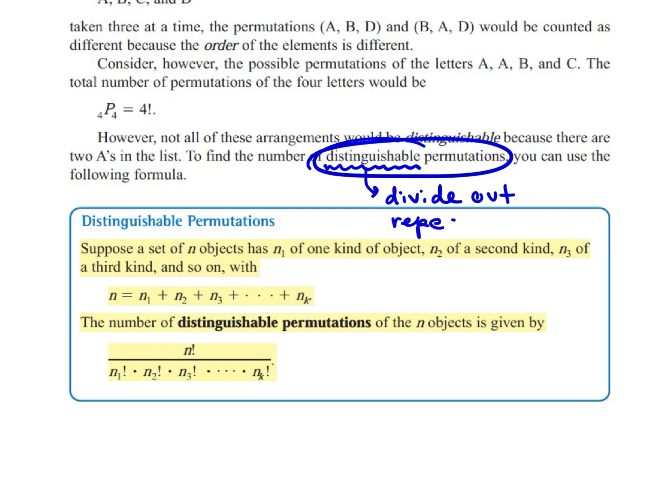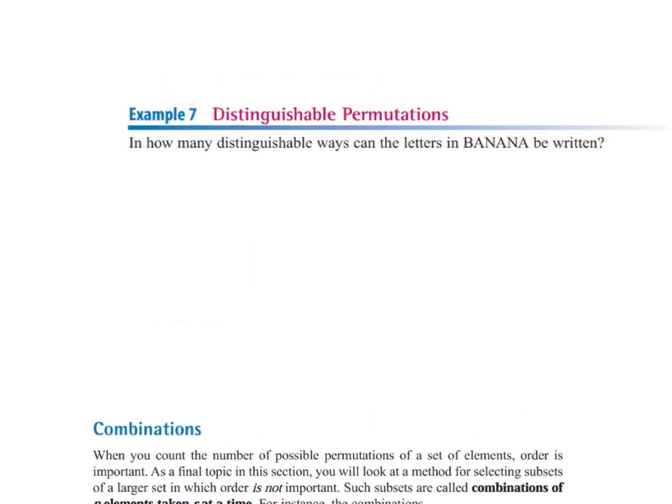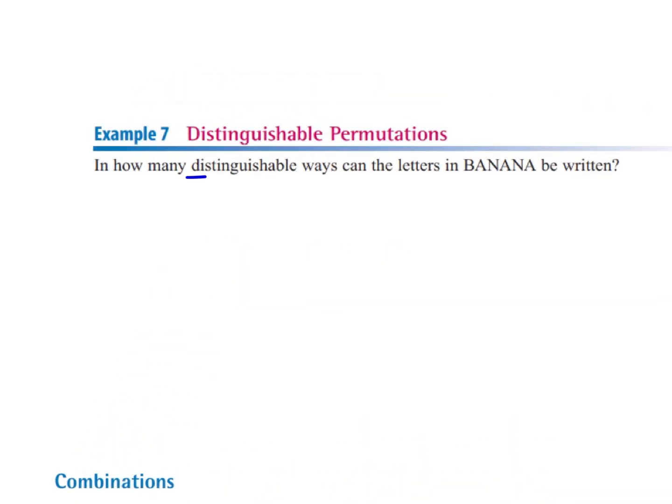And I'll show you what I mean when we get to the next example. So distinguishable permutations, divide out the repeats. So looking at example 7, it says, in how many distinguishable ways can the letters in banana be written? So it uses that word distinguishable.